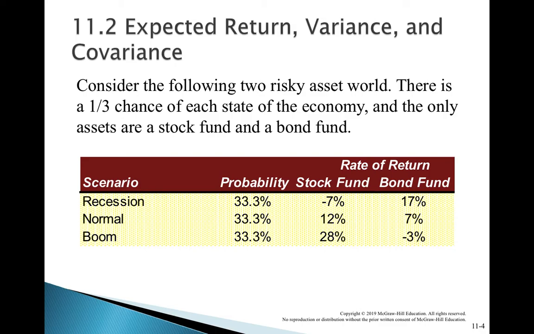You have the forecasting of the economic scenarios. You forecast a 33.3% probability of recession, similarly 33.3% normal and 33.3% boom. That means a 1/3 probability of a recession economy, 1/3 probability of a normal economy, 1/3 probability of a boom economy.